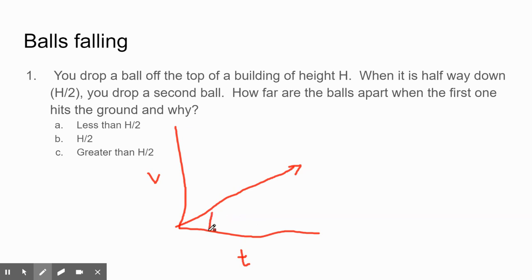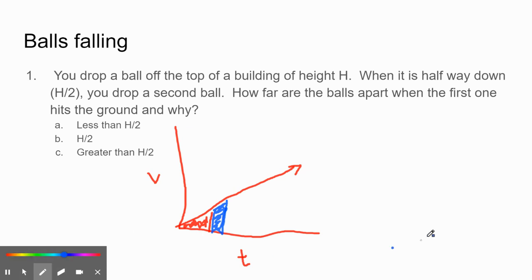During the first part, you'll notice that it's not going very fast, and the area under here is how far it goes. Now over here, it's going much faster, so it's going to take less time to go the same amount of distance. So it should be getting farther and farther apart.